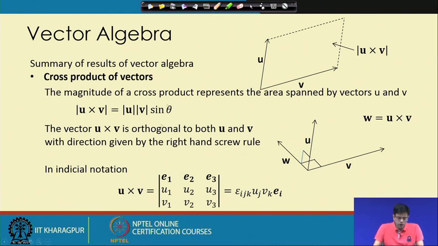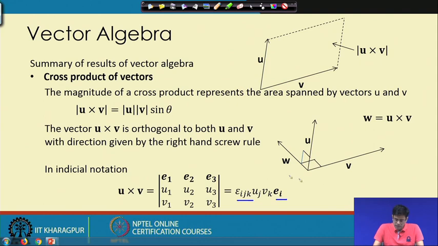If you write u cross v, this is the determinant of this. And if we write it in terms of the Levi-Civita or permutation symbol, it is epsilon ijk uj vk ei.